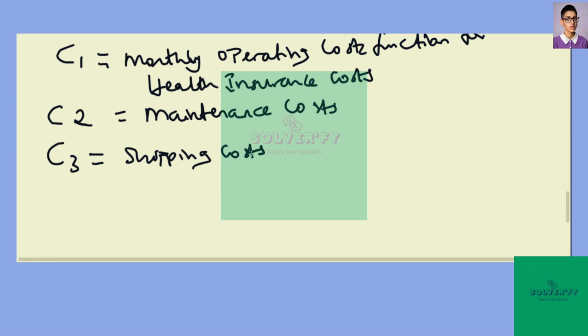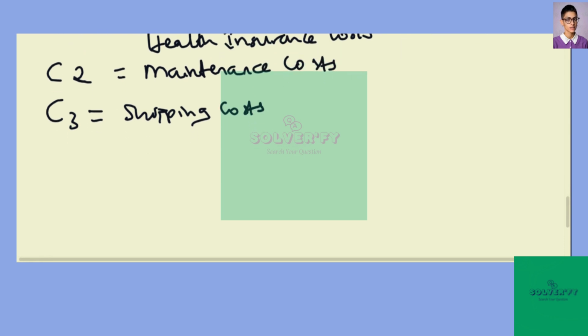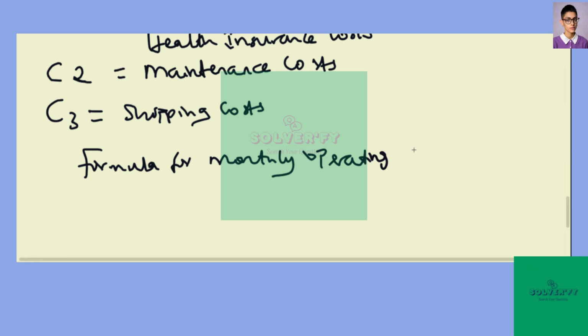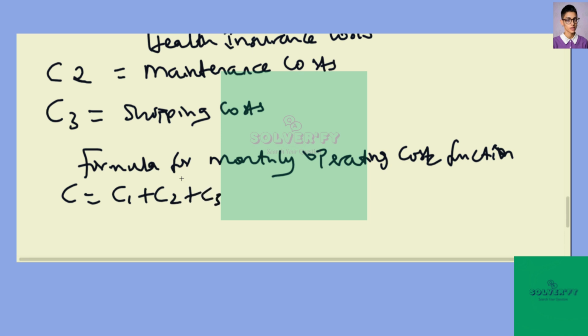So the formula for the monthly operating cost function will be C is equal to C1 plus C2 plus C3.